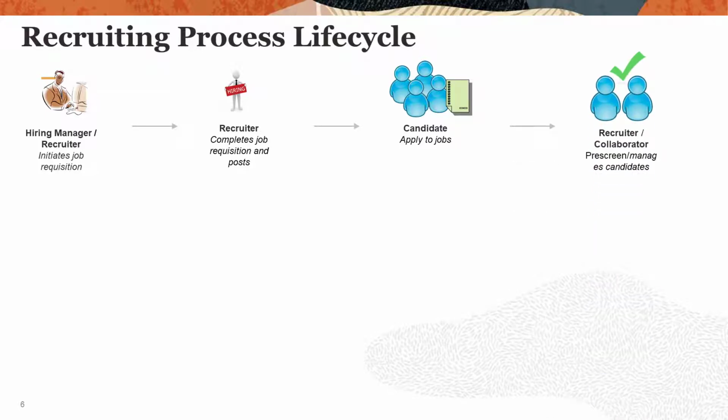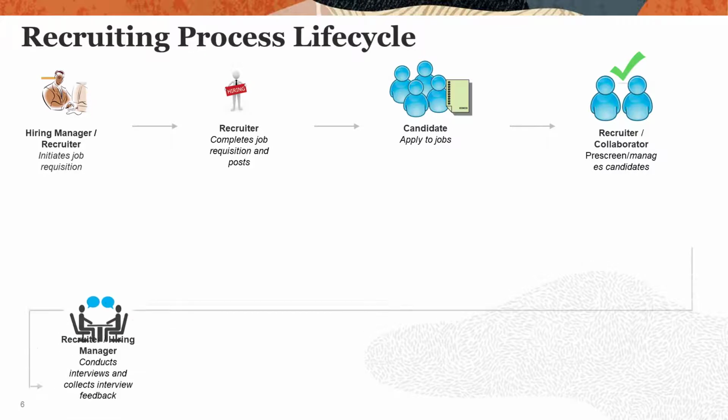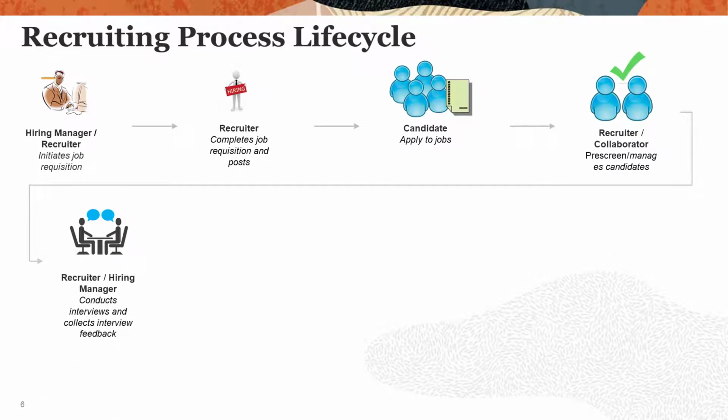The recruiter, along with the collaborators, manage candidate responses and disposition candidates accordingly, rejecting some and moving some further along in the hiring process. Hiring managers and the collaborators can arrange for the interviews. The recruiter and the hiring manager conduct interviews of top candidates and collect interview feedback.